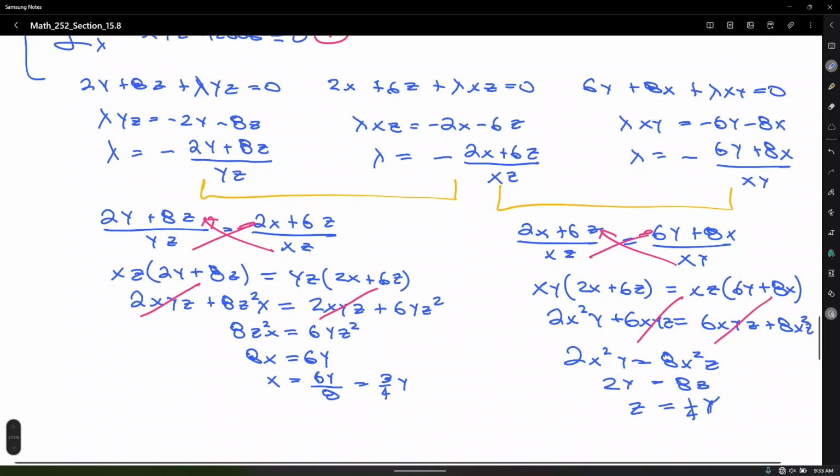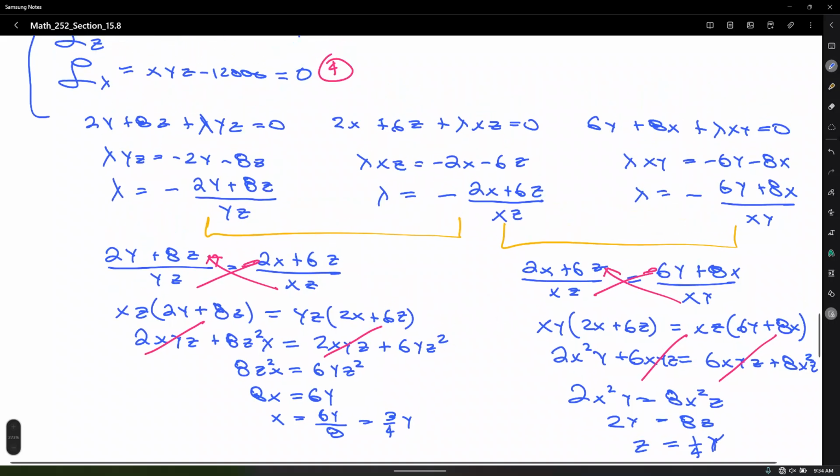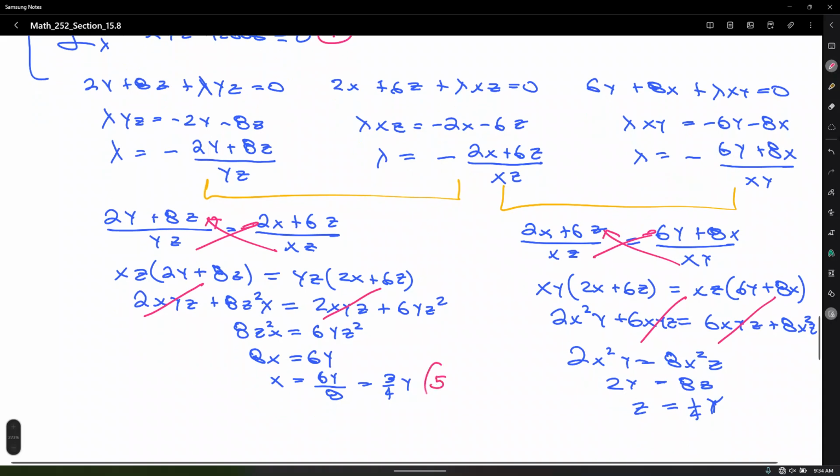Why is that? Because now we'll go back. So okay, number one, let's call these 5 and 6. So substitute 5 and 6 in number 4.